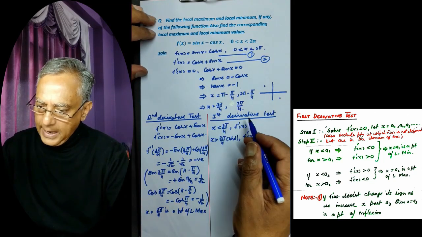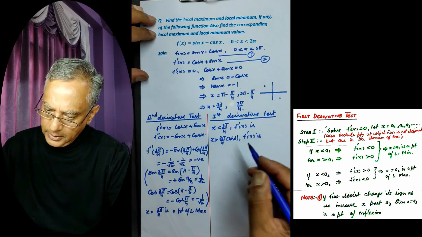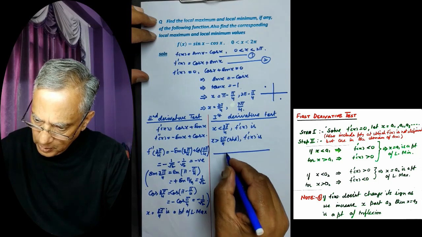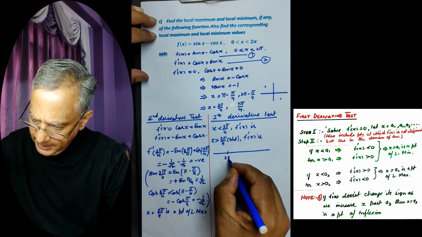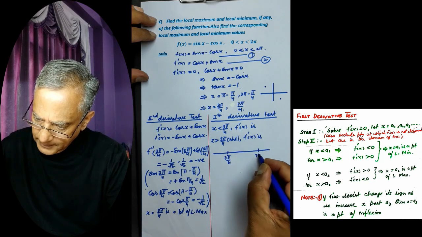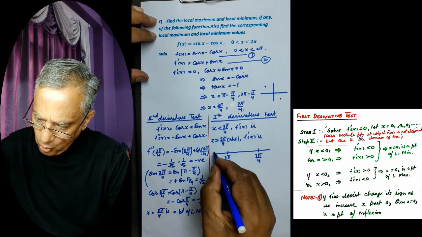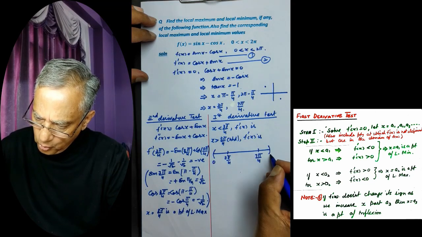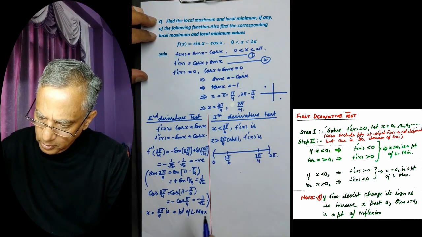Now we have 3 pi by 4 and 7 pi by 4 and the interval under consideration is 0 to 2 pi.